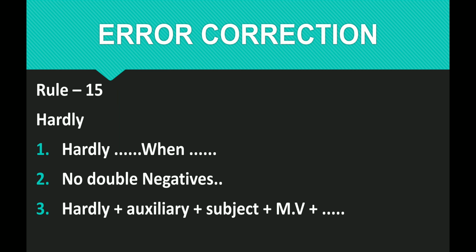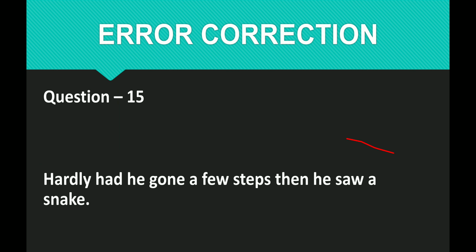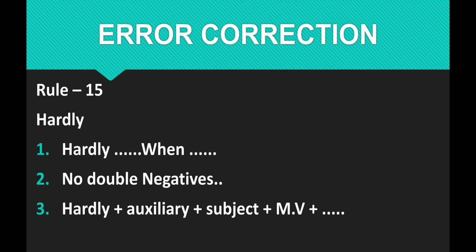So in that particular sentence, you cannot use any negative words such as not, neither, none, no. Here you cannot use them. Why? Because hardly itself is a negative word. Well, the first rule is, you check whether when is there or not. Second rule, check whether double negatives are avoided or not.